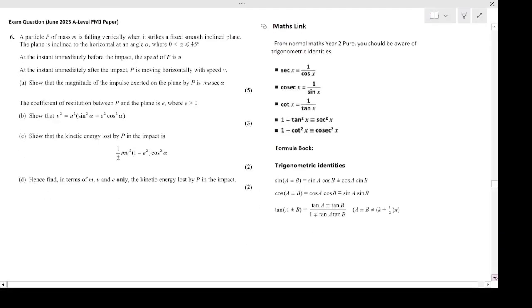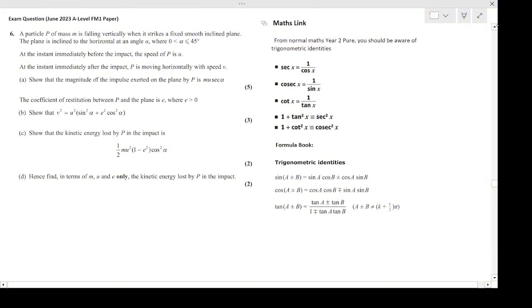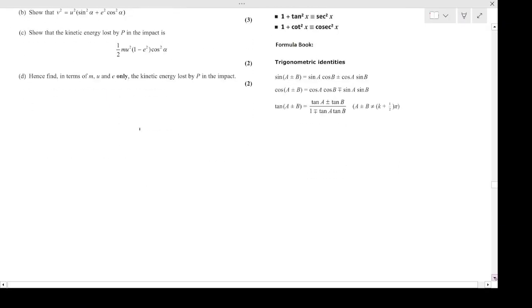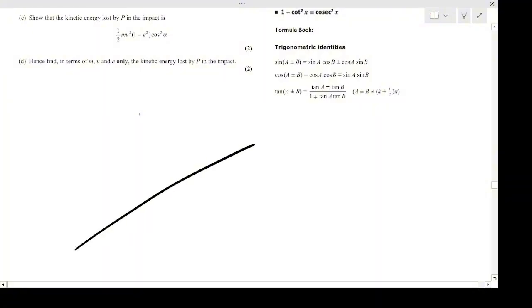Anyway, let's draw the situation first. So it's saying it's falling vertically, and I'm also told the plane is at an angle alpha. So remember, it's going to look like this. It's at an angle alpha and it's falling vertically, so it's going to fall straight down like that.